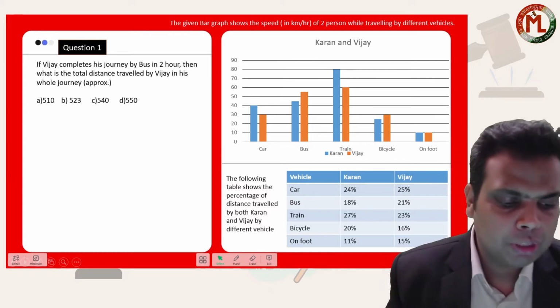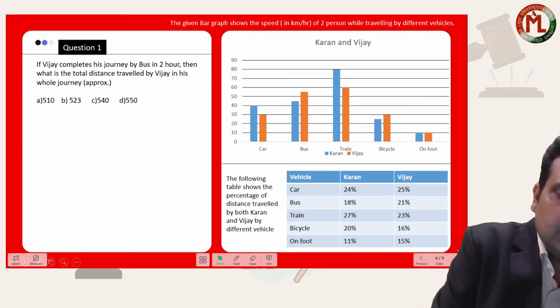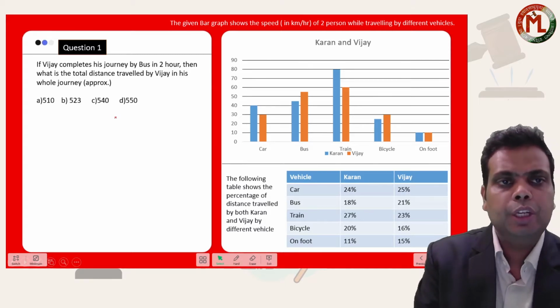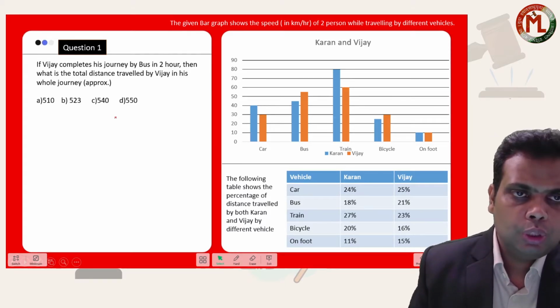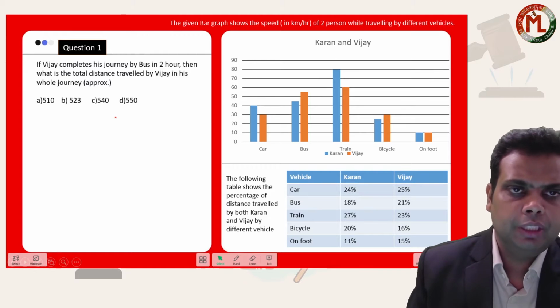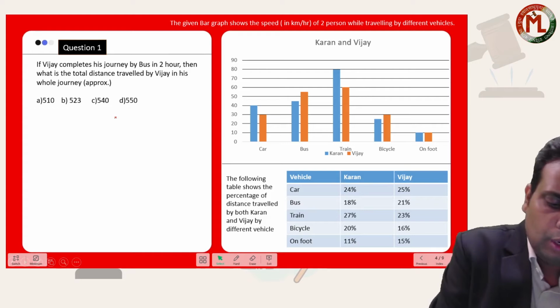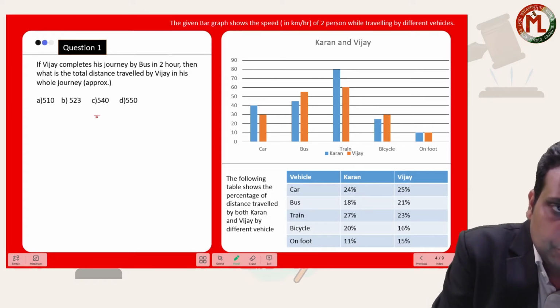Now let's see the question. If Vijay completes his journey by bus in 2 hours, then what is the total distance traveled by Vijay in his whole journey? What is given here? Time. Time is given, 2 hours by bus.